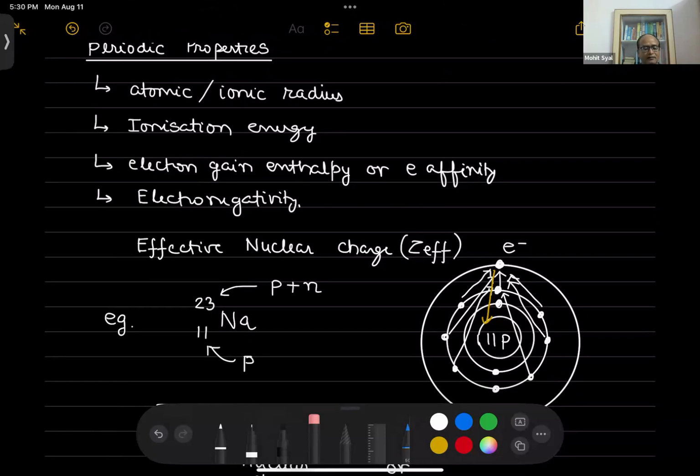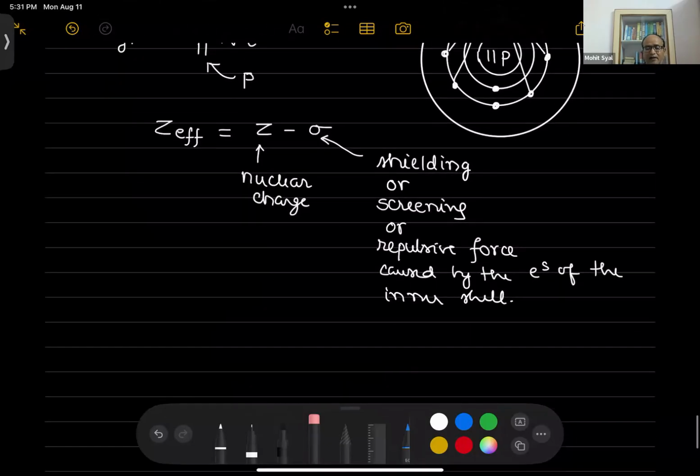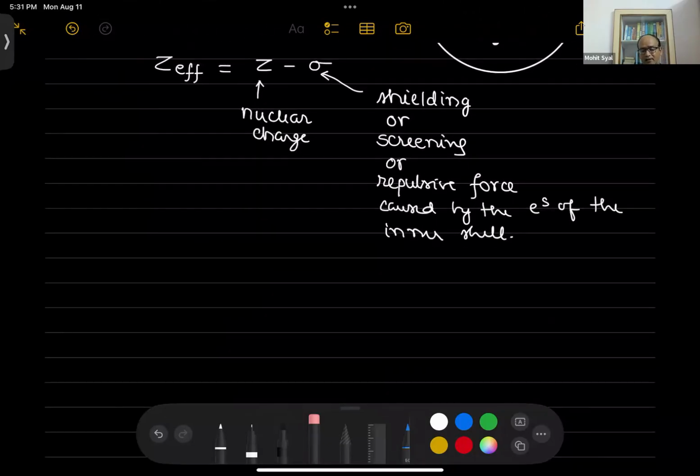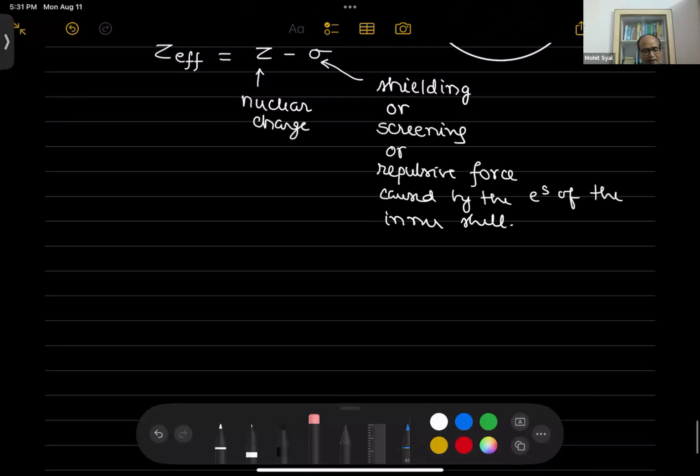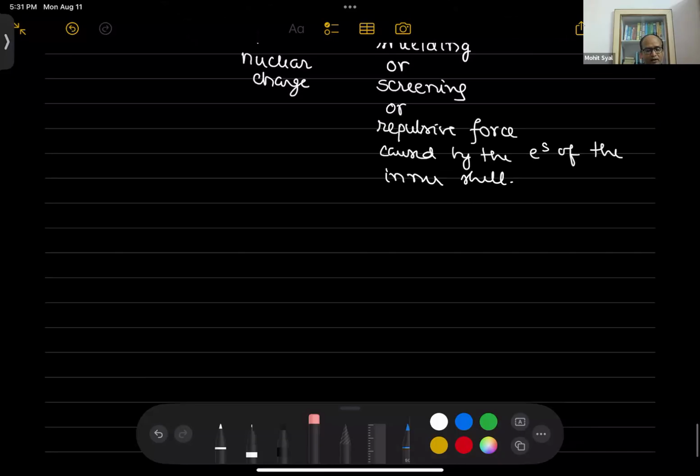Is it clear? Okay, great. So effective nuclear charge is the nuclear charge minus the shielding, the repulsion caused by the inner electrons. First we are going to discuss atomic radius.